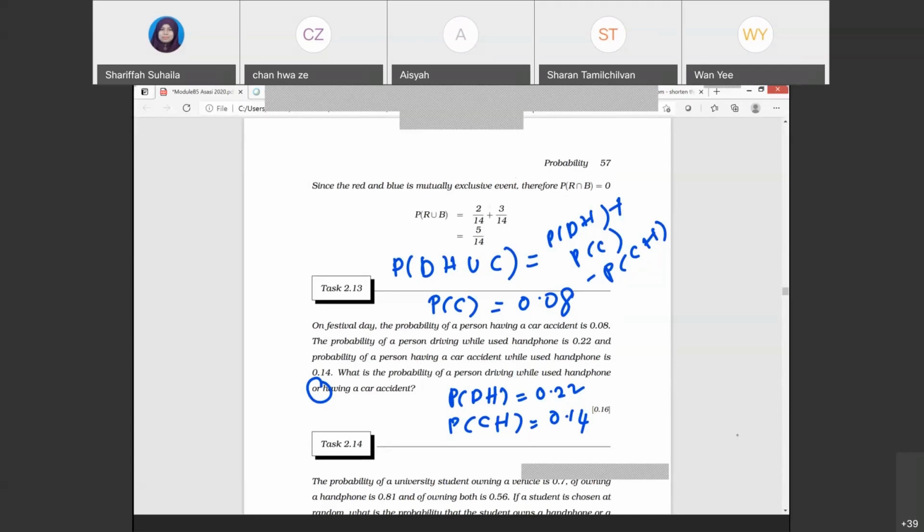Maybe my symbol is not very accurate. What is the probability of a person driving while using handphone or having a car accident? You want to find the union. So it should be probability of driving plus probability of having a car accident minus driving while using handphone and having a car accident. That's why you get 0.16 here.